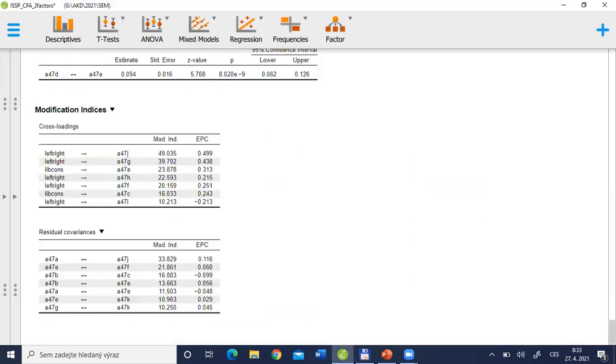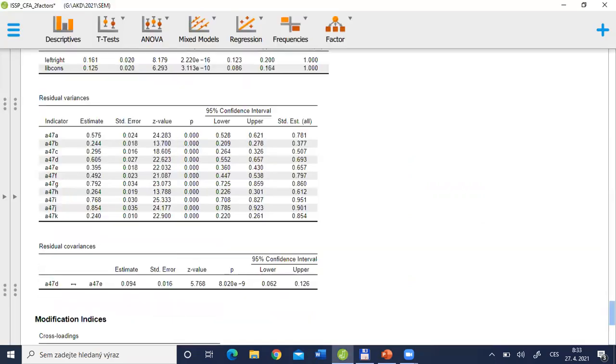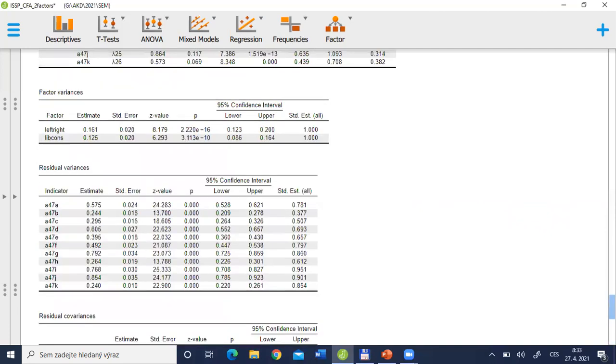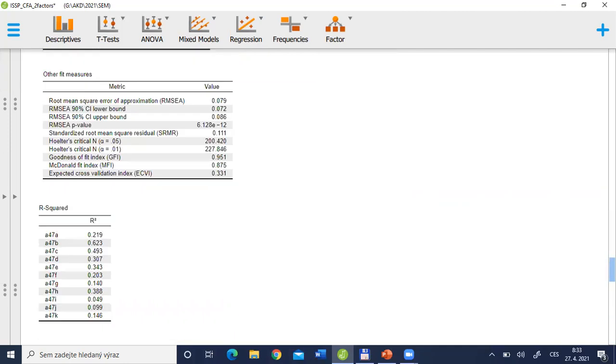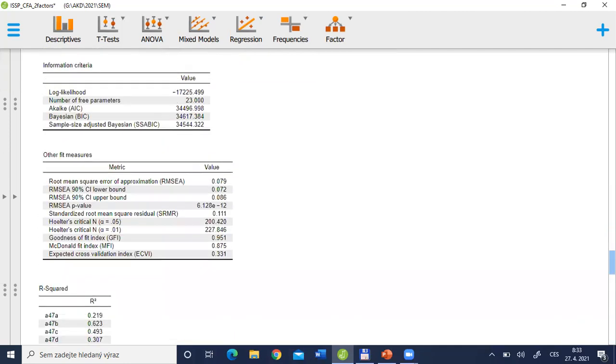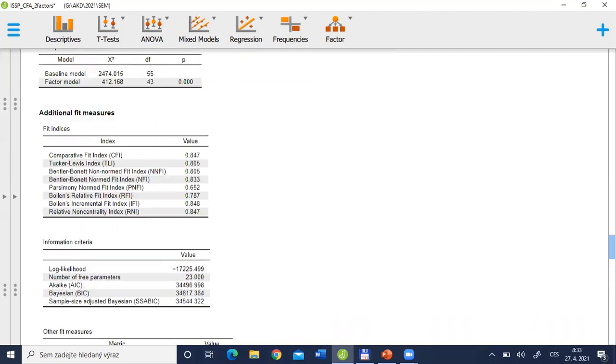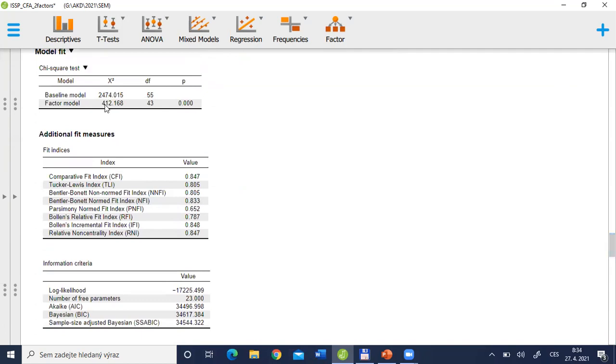If I go slightly up and read result for chi-square test for this model with 2 unrelated factors. So here we are. I can see that the value of chi-square is 412 points approximately.